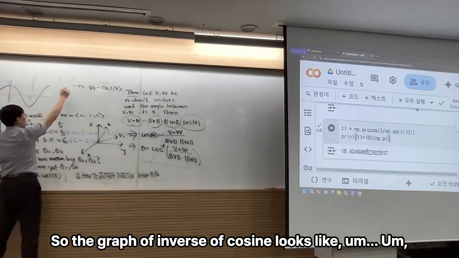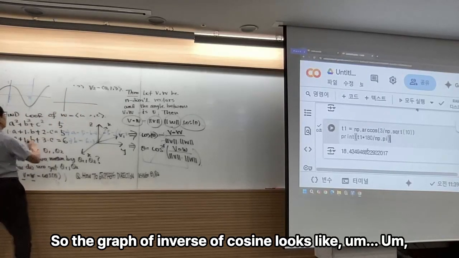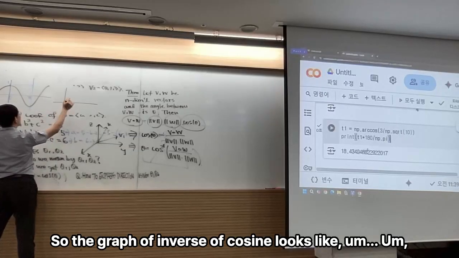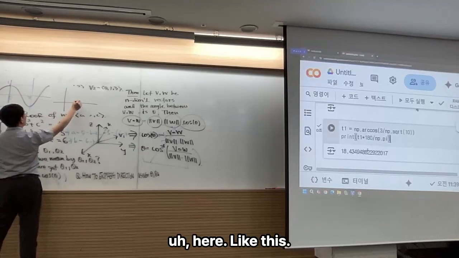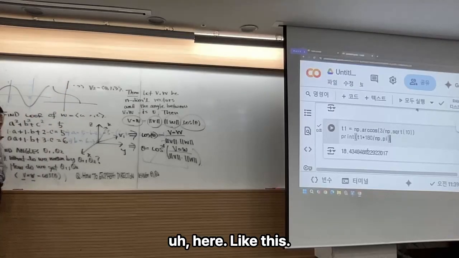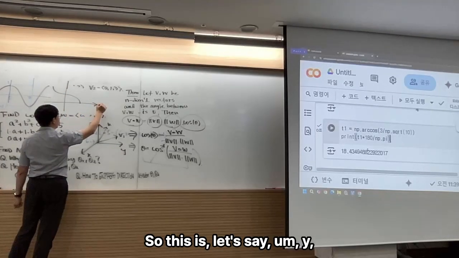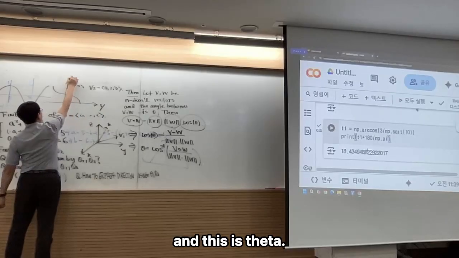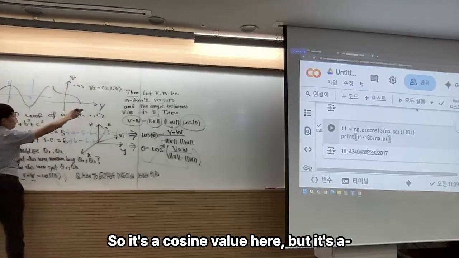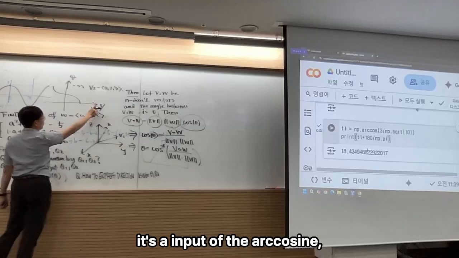So the graph of inverse of cosine looks like this. So this is, let's say, y, and this is theta. So it's a cosine value here, but it's an input of the arc cosine.